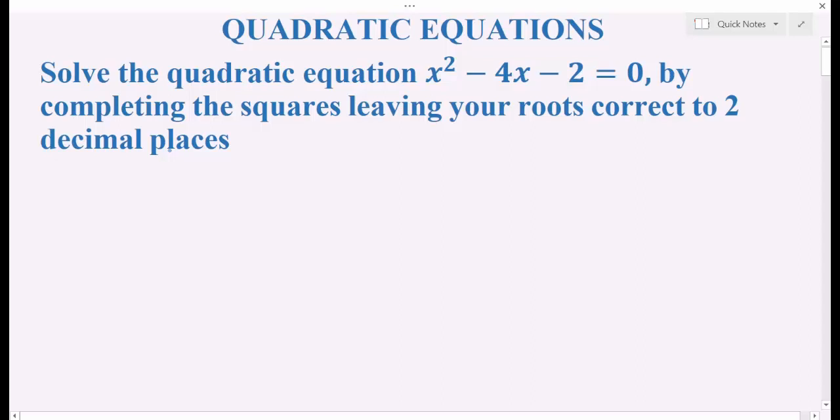We have x squared minus 4x minus 2 is equal to 0. Now you recall that our x was 4.45 or minus 0.45.